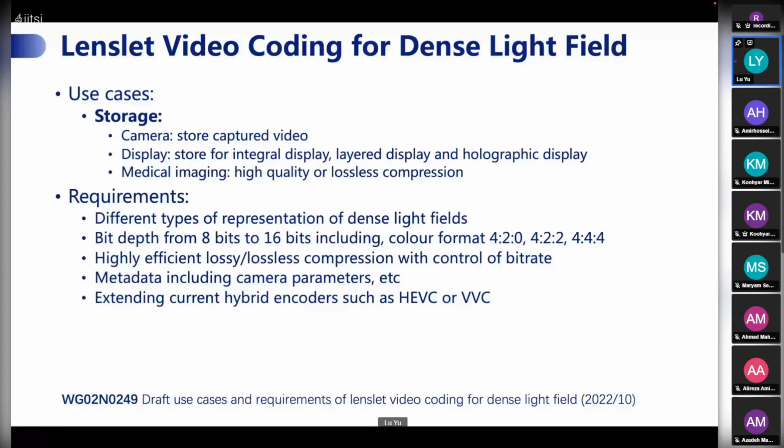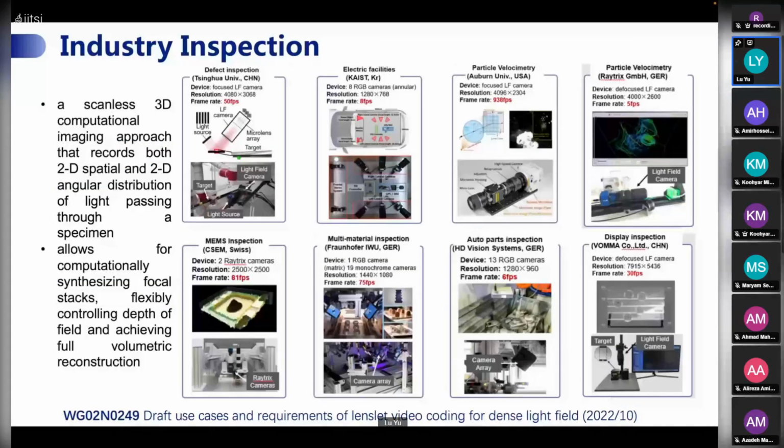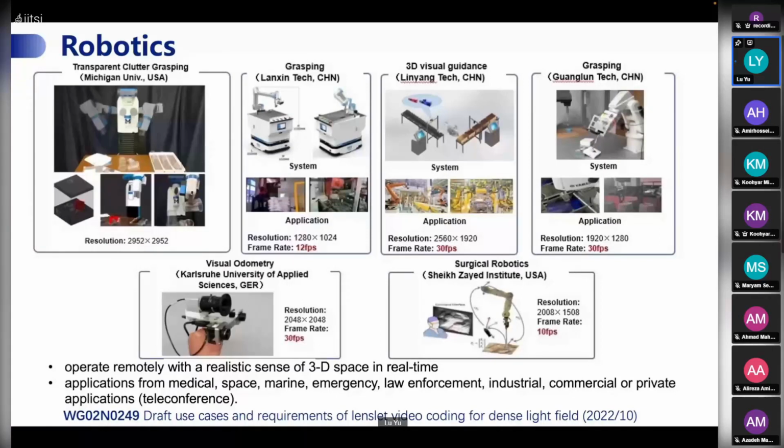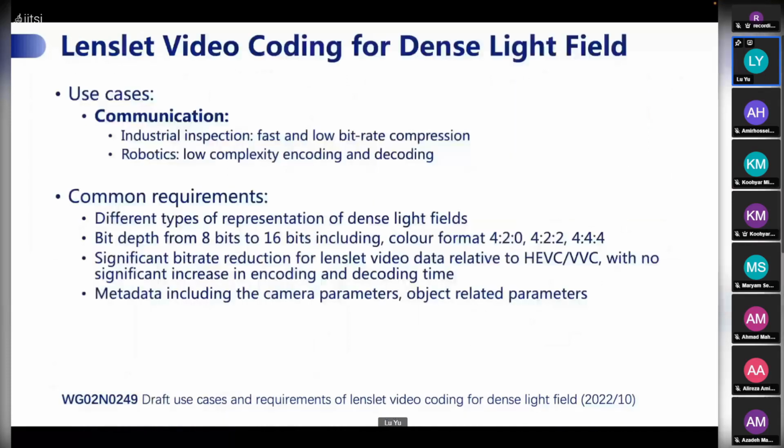The most related application could be industry inspections. I don't think I need to describe more about this. And there is robotics, especially when we consider, for example, remote operation, then we need communication of the captured video with Lenslet contents, so that we need to define a standard for communication.